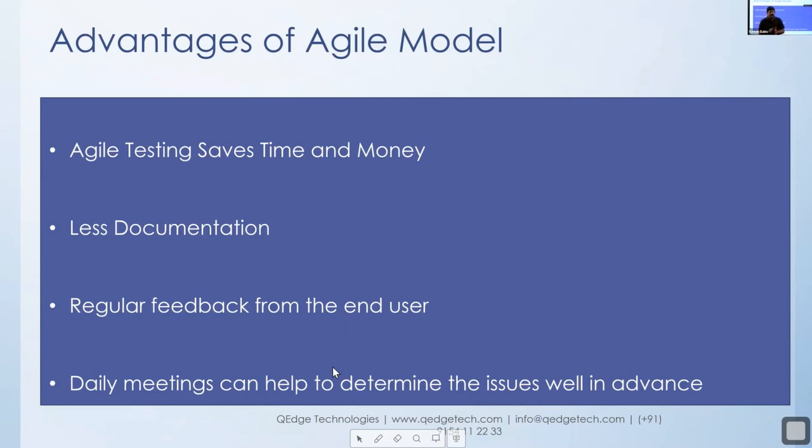Any mistakes made can be identified in advance, easy to fix. Whereas in the waterfall model, after 3 months we are testing the product. The mistakes made at an early stage, many things to be updated, will increase the time and cost. The daily meetings can help us identify the issues at an early stage, easy to fix, taking less time and cost.